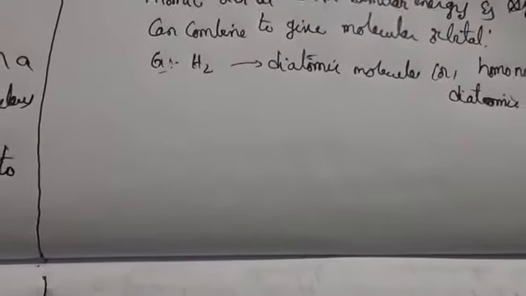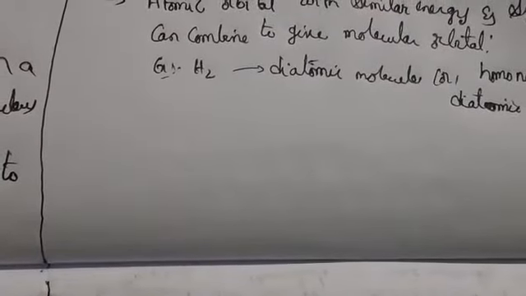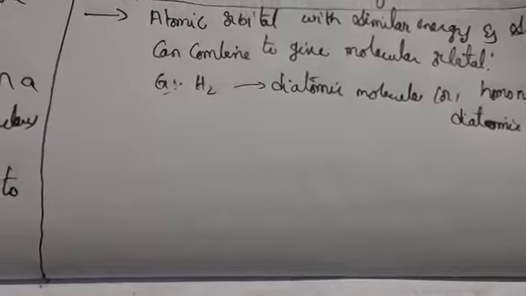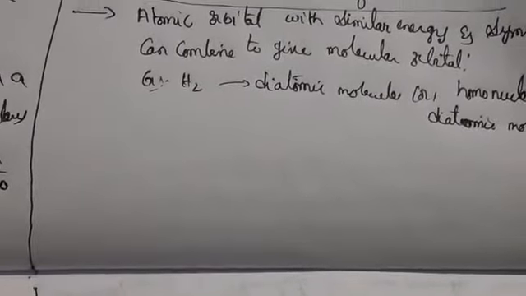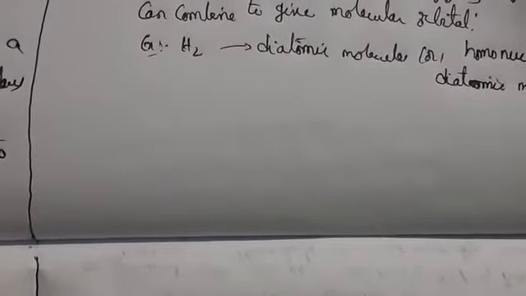Why? Because we have H2. Here each atom has only one electron; what is the atomic number of H? 1, so 1 electron. How many atoms are we taking here? Two atoms, that is, it represents a diatomic molecule.